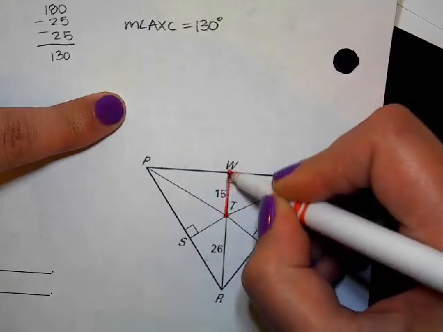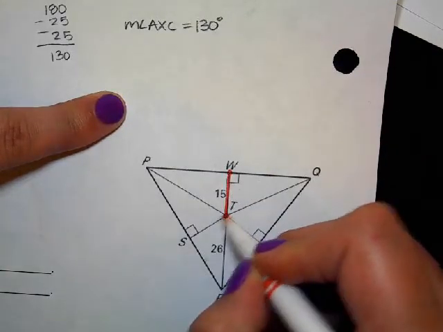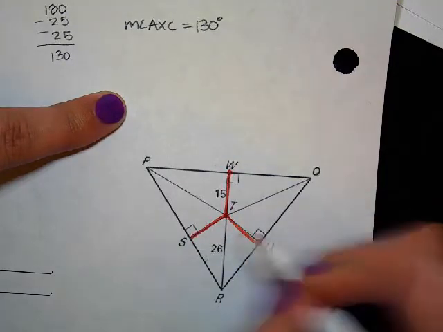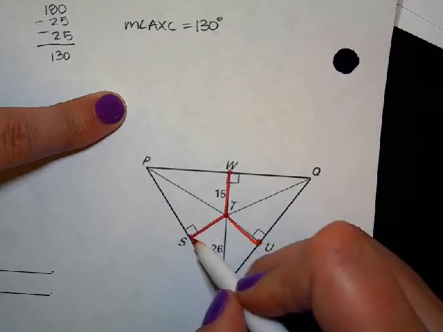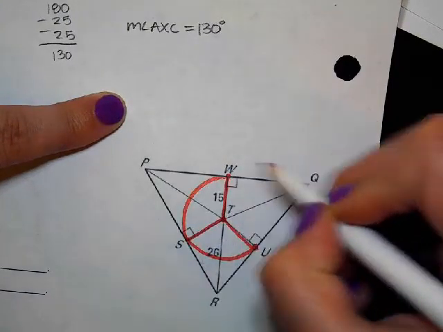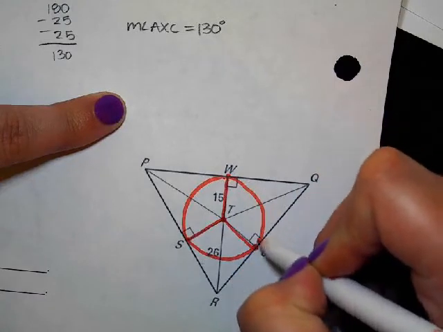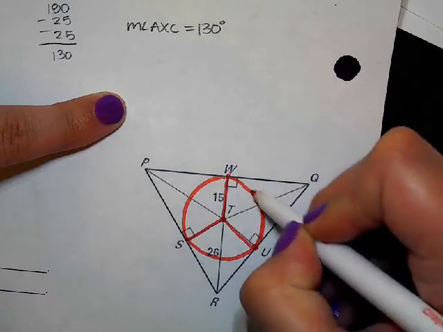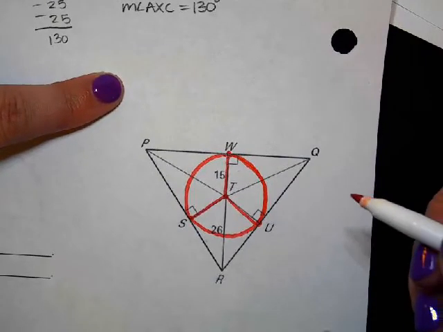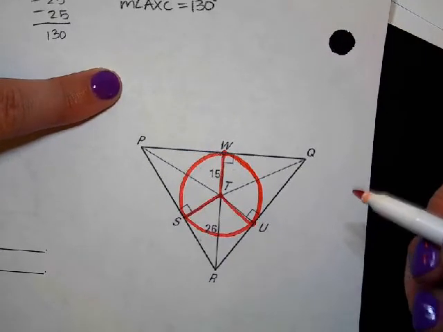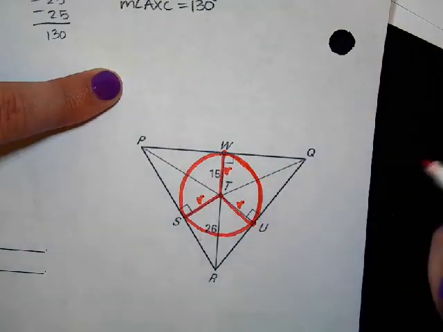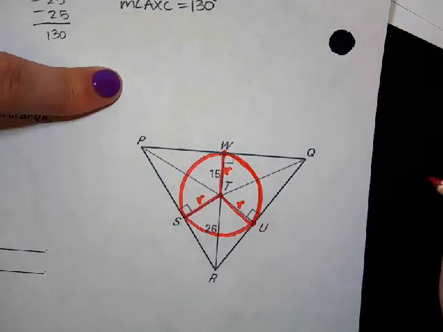Okay, so here's the circle. That's a pretty good circle if I do say so myself. So we got a radius, a radius, a radius. What is the length of ST? 15.